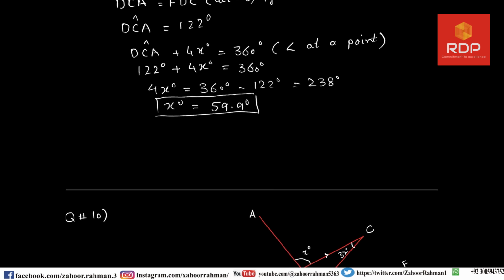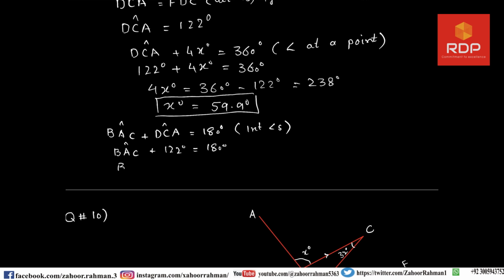So here we are seeing that BAC plus DCA, exactly in the same fashion we did in the first part, is 180 degrees, and that is due to interior angles. So BAC plus 122, we already have the value of 122, is 180 degrees.